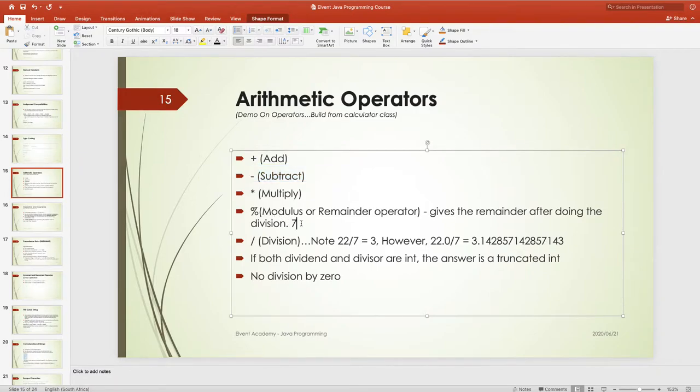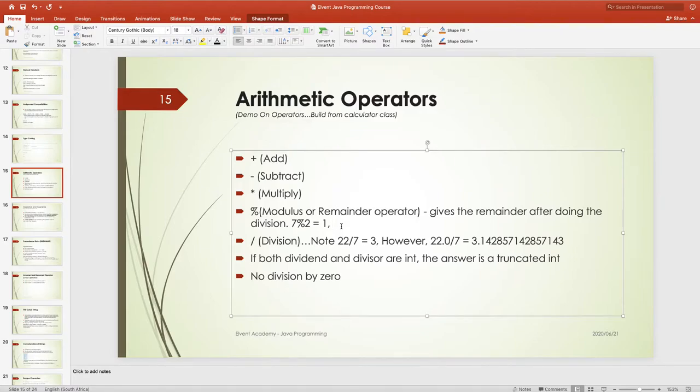If I say 7 modulus 2, it means the remainder that is left when we divide 7 by 2. So the answer should be 1, since 7 is not an even number. Let me give you another example.